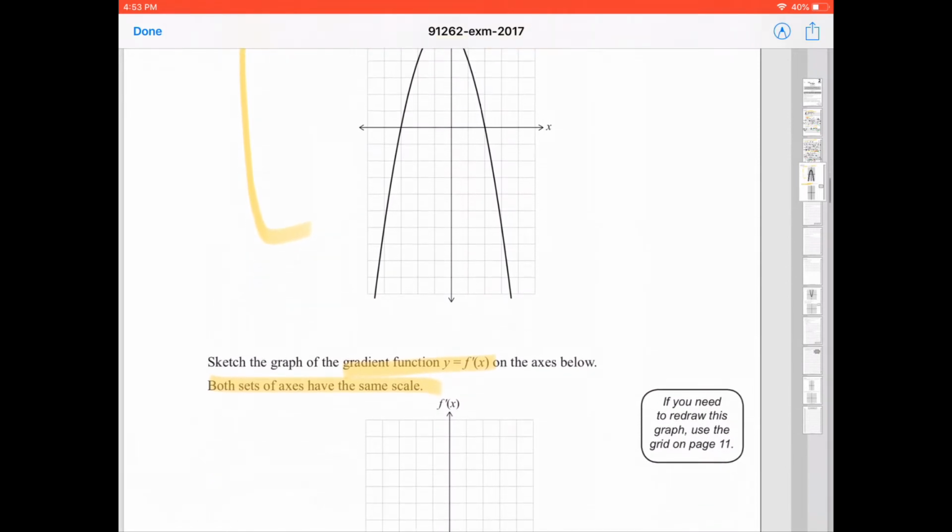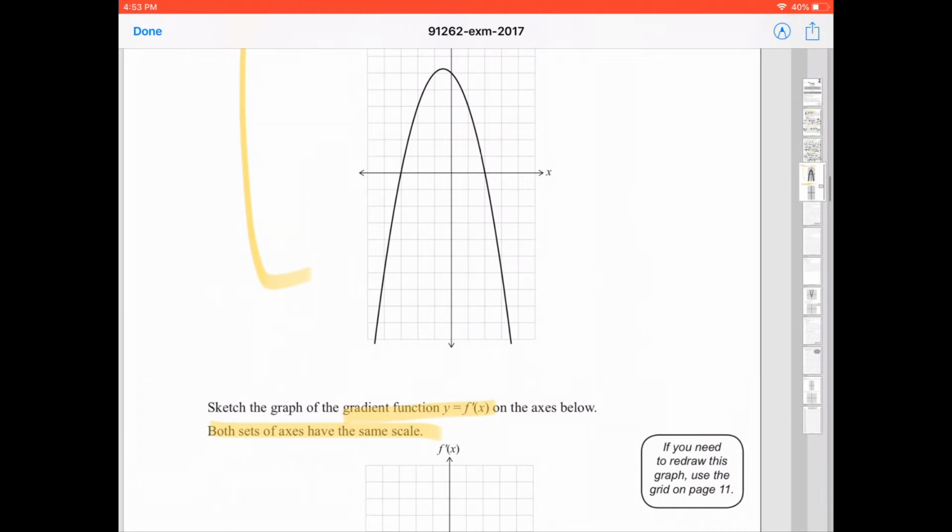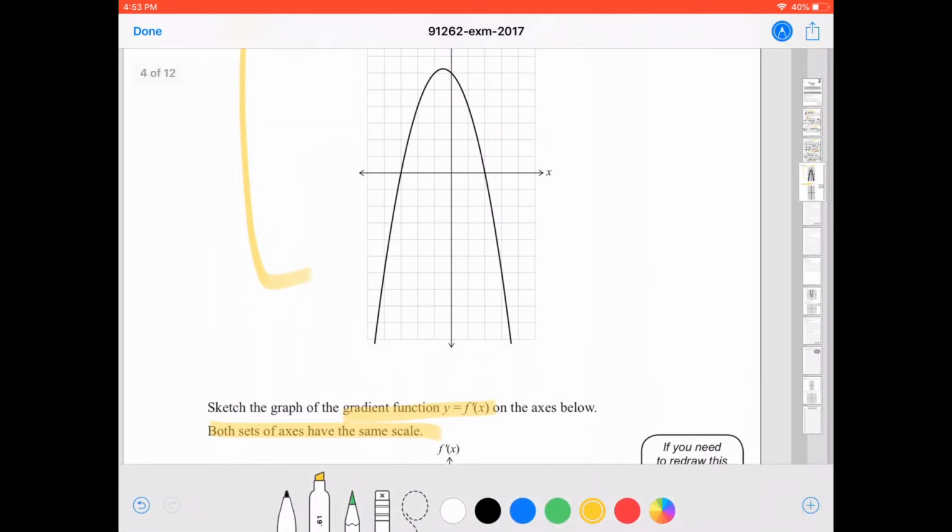But what we're going to do here is basically take note of our turning point and where it crosses the x-axis. So let's use, I guess, red. So this is the x-axis. We bring it all the way down, and this is what you do in the exam.